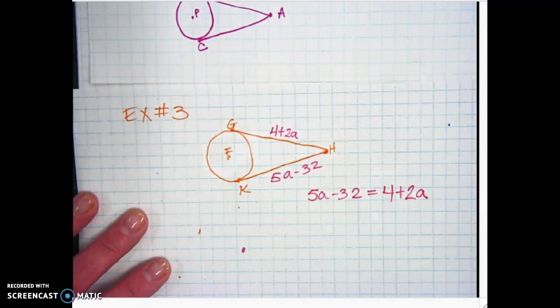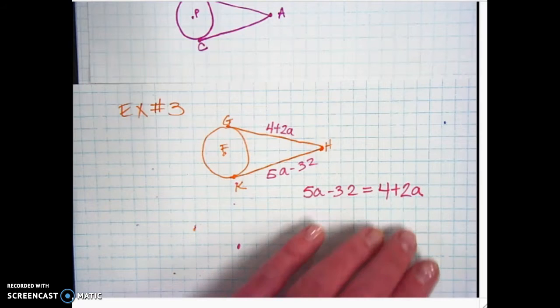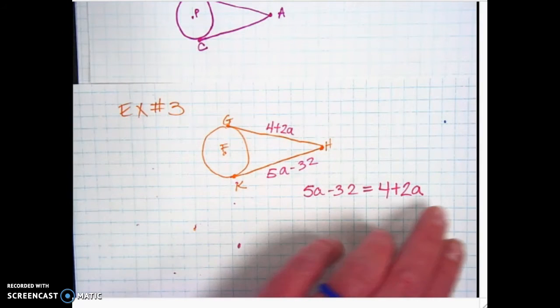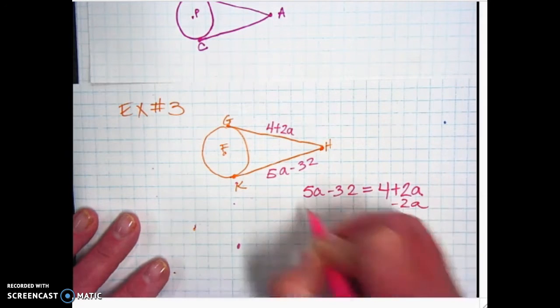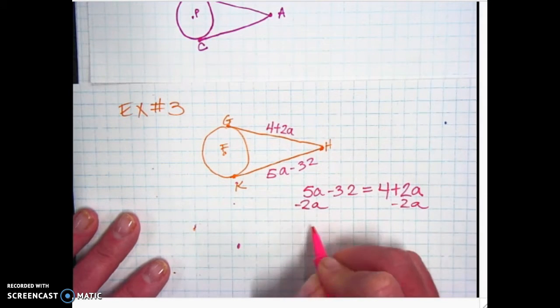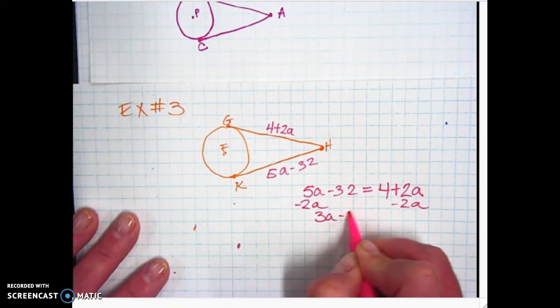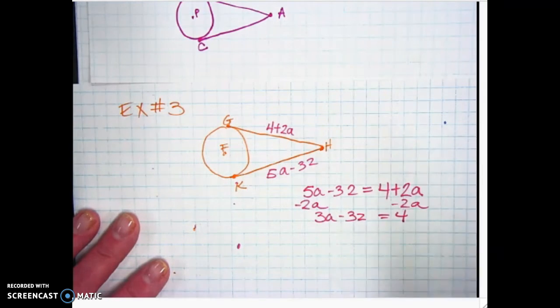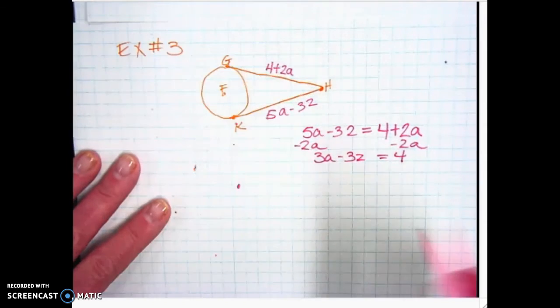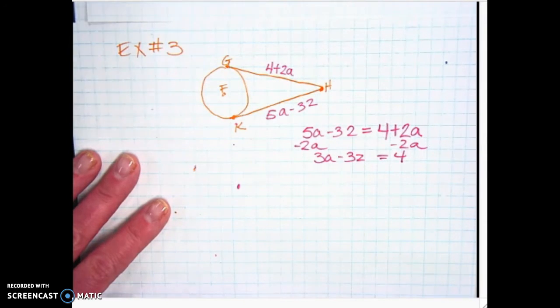And then we're just going to solve algebraically. So one of the tricks, since we have the variable on both sides, is to get them on the same side. So I'm going to start by subtracting 2A from both sides, which leaves me with 3A minus 32 equal to 4. And then the inverse operation of subtracting 32 is what?